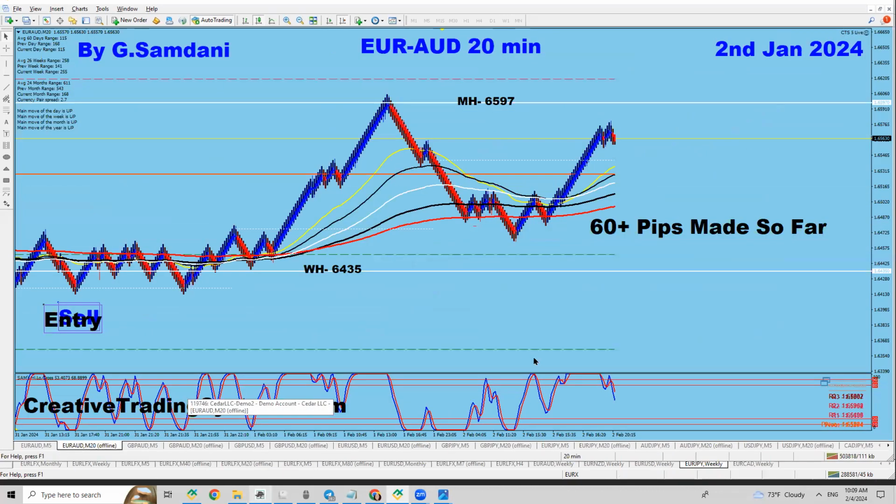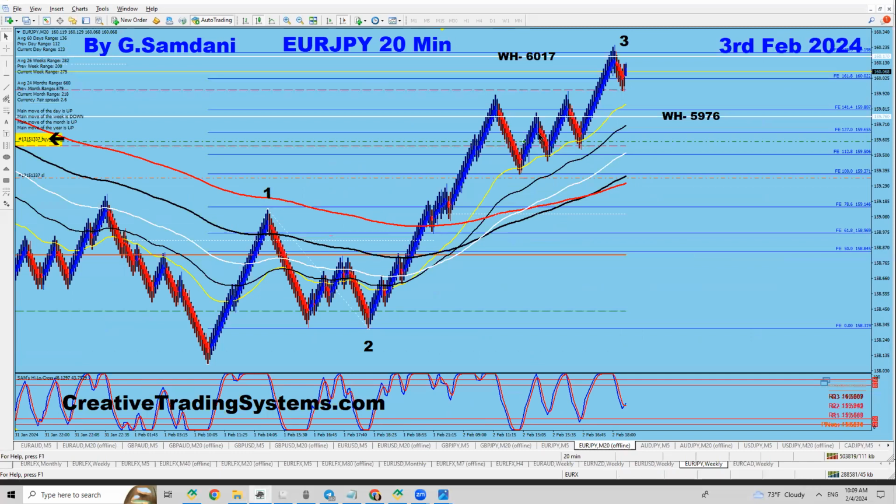And Euro-Yen, let's take a look at Euro-Yen. Euro-Yen is this. I already had a nice long, this one from here. I took it from the 7-minute chart on February 1st, Thursday, for 75 pips all the way to the top. Then it came down here, and now from the 20-minute chart, I had an entry, but I left it open. I couldn't get a chance to close it, so it's still on.